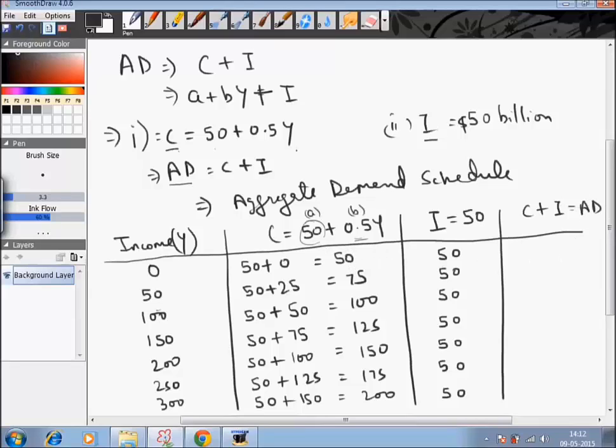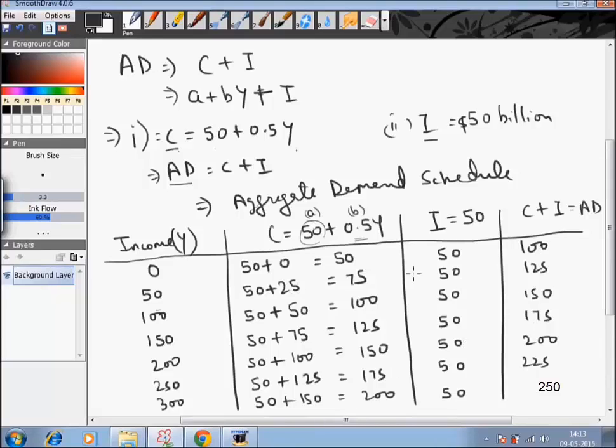That is, for the first case, it would be 50 plus 50 equals 100, then 125, then 150, then 175, then 200, then 225, and then 250. So these are the values of aggregate demand for various levels of income.